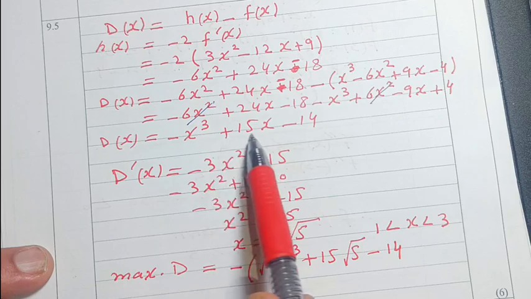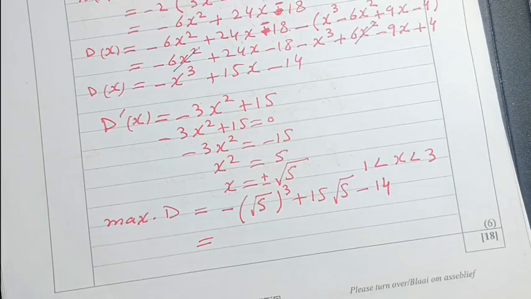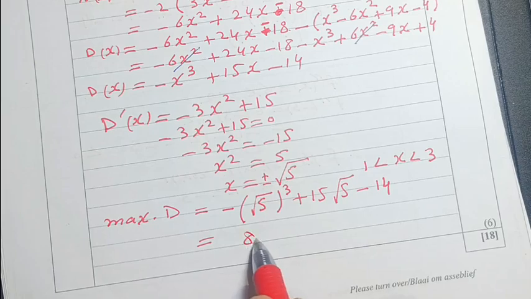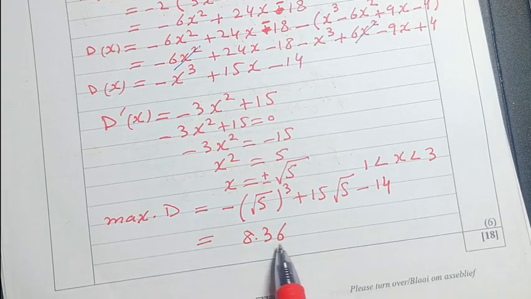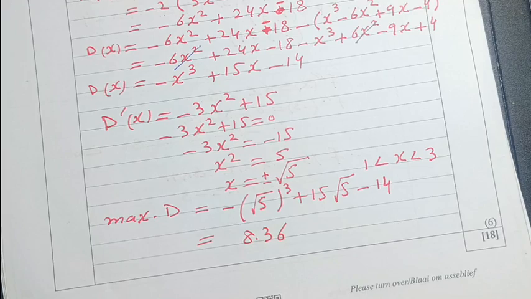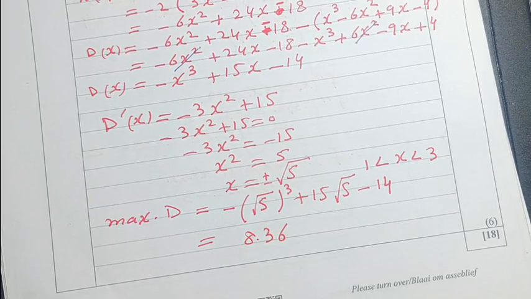I put it back into this equation. I use the calculator. Answer is 8.36. That's my maximum distance. That's the answer of this question, and this is the maximum vertical distance. So this is my final answer.